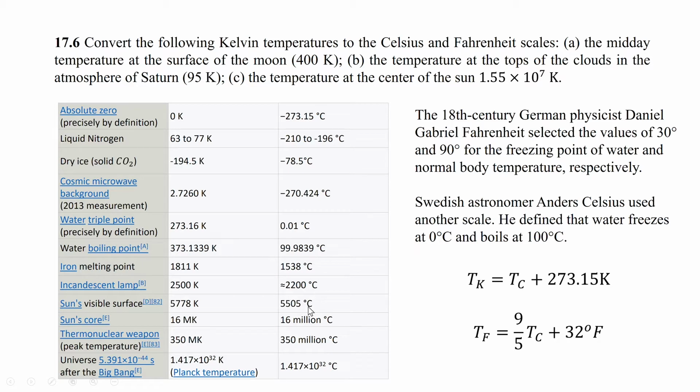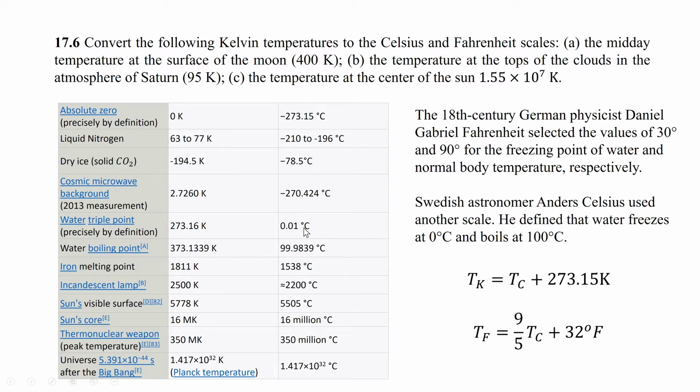The temperature for a lamp is 2200, and the melting point for steel, the iron, is 1500 degrees in Celsius. For water, the boiling point is 100 and the freezing point is 0. These two temperatures are very familiar to us.